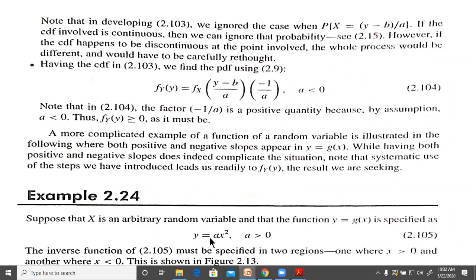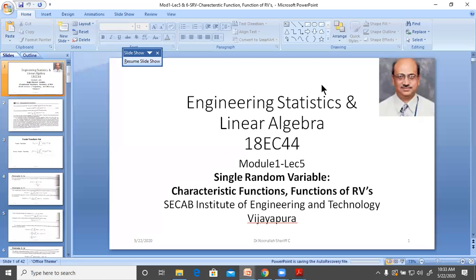If y is equal to ax square, then x square is equal to y by a, so x will be equal to root of y by a.